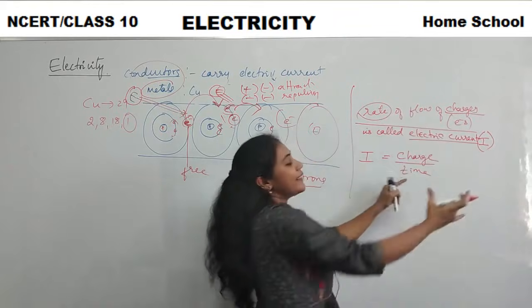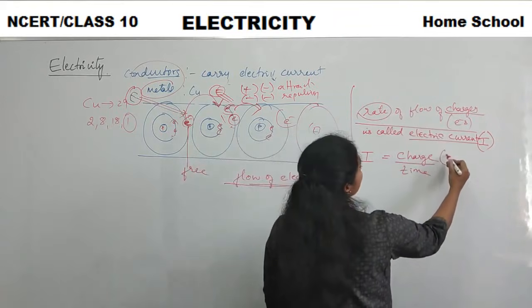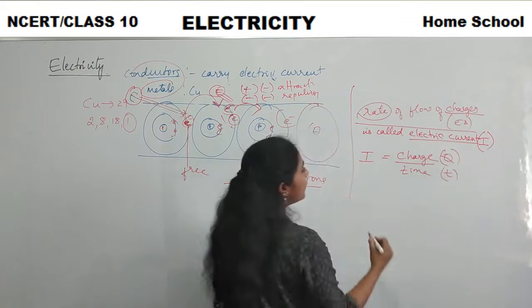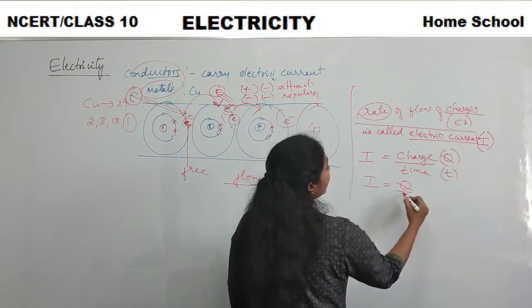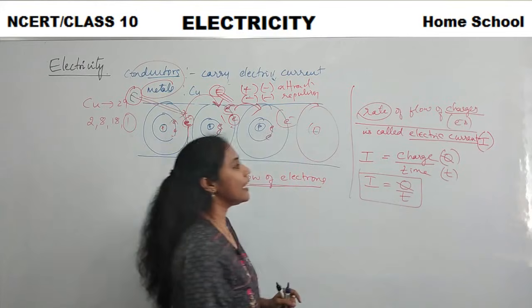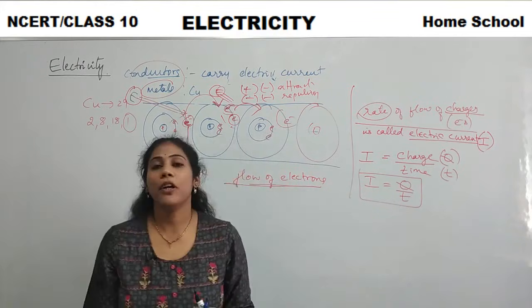This is electric current. The symbol for charge is Q, and the symbol for time is T. So I is equal to Q divided by T is the formula for electric current. Remember the formula. This is very, very important.